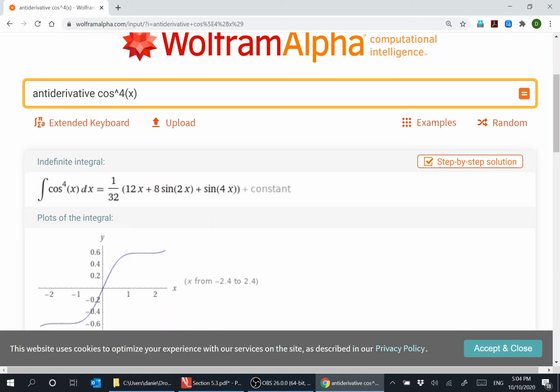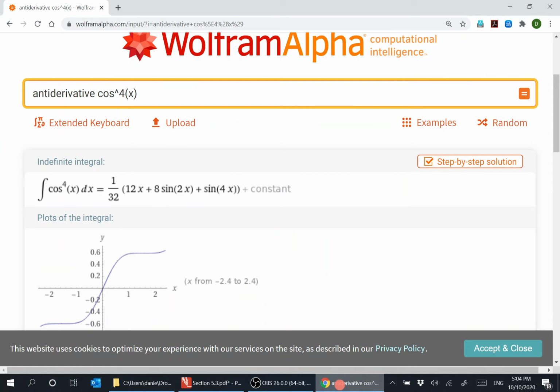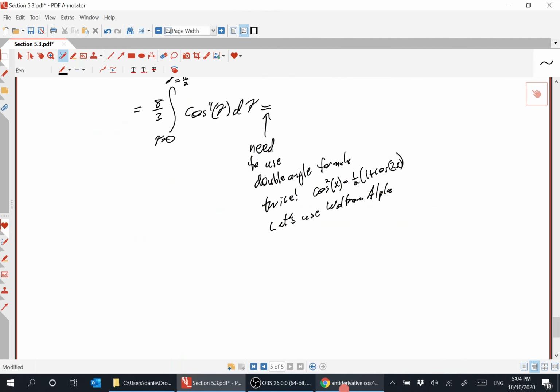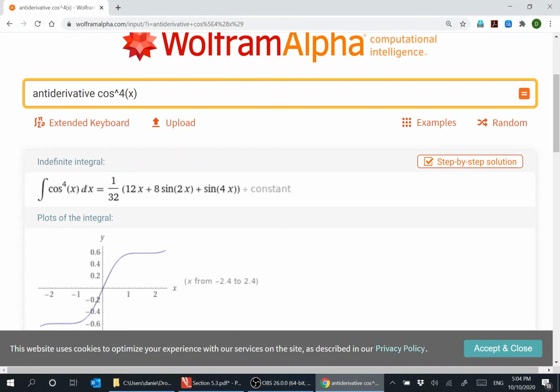So it's 1 over 32, 12x, and then we got sine 2x, sine 4x. So let's use Wolfram alpha instead. One over 32, 12x, or 12 gamma in this case. 8 sine 2 gamma.